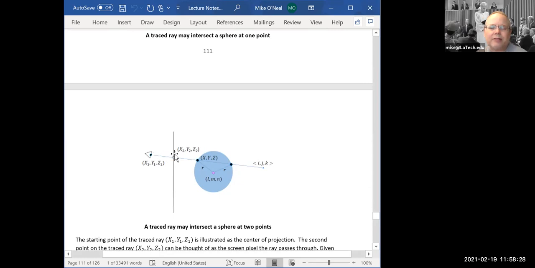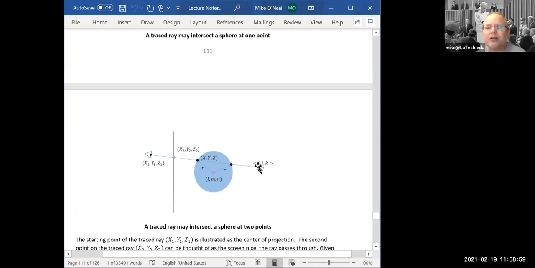Since we've got two points, we can compute a vector that is the direction we're looking in, and I'm calling that vector ijk, or xyz, because I'm already using x1 y1 z1 for my eyeball, and x2 y2 z2 for the screen pixel. So if you take x2 minus x1, y2 minus y1, z2 minus z1, that'll give you the xyz.